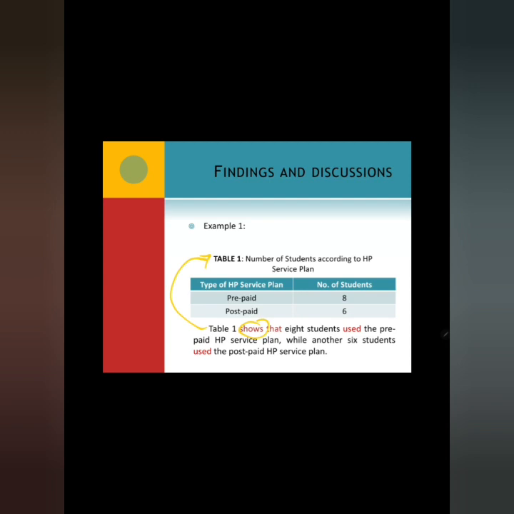That 8 students use, past tense, the prepaid HP service plan, while another 6 students used the postpaid HP service plan. After the words shows that, everything must be in past tense.